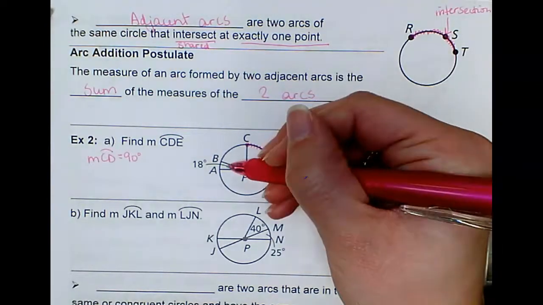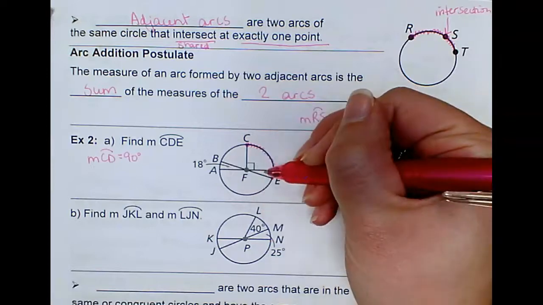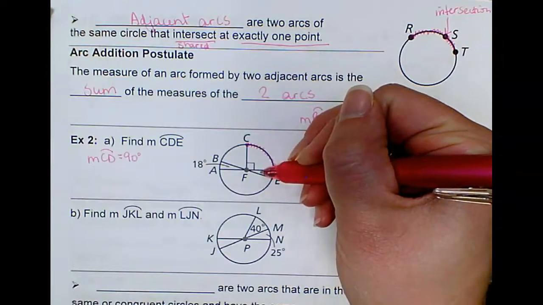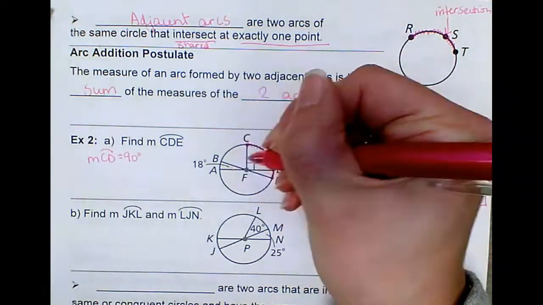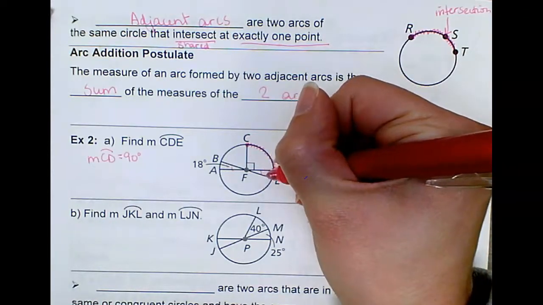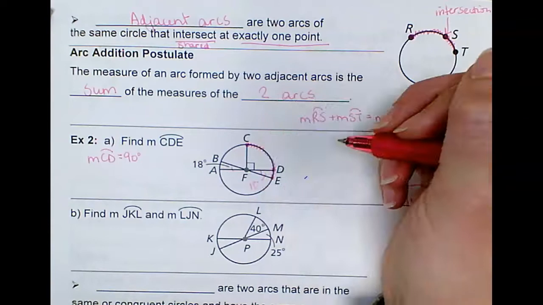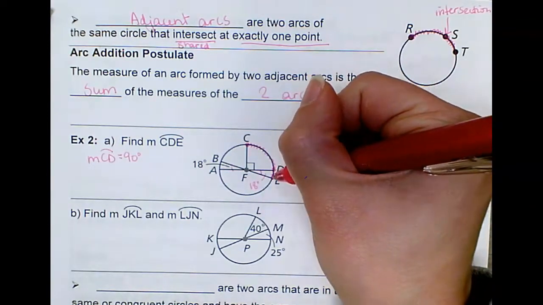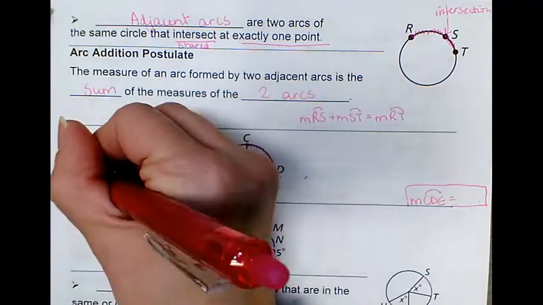So now I just need this measure right here. And I notice that I've got 18 degrees over here and nothing over here. But these two angles are vertical angles, and we know from the first semester that vertical angles are congruent to each other. So if the angle here's measure is 18 degrees, just like this one, then I can say that DE's measure is 18 degrees.